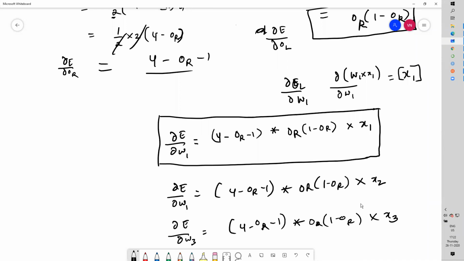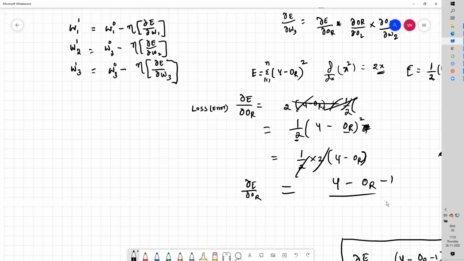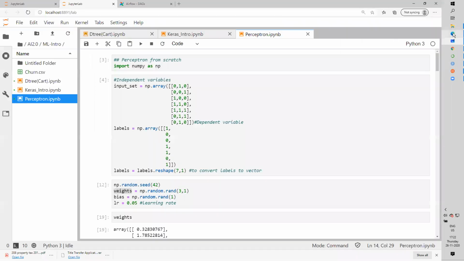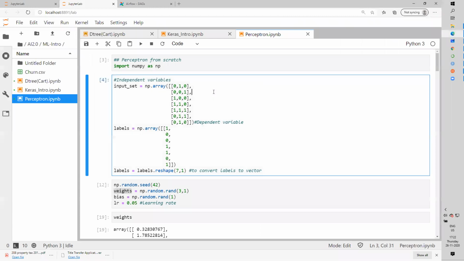So using these equations, we will find out these gradients. Once we have found these gradients, we can update the weights. Okay, fine. So let's do that in a program. In a program, it looks much simpler than it actually is. So let's see how we can do that.